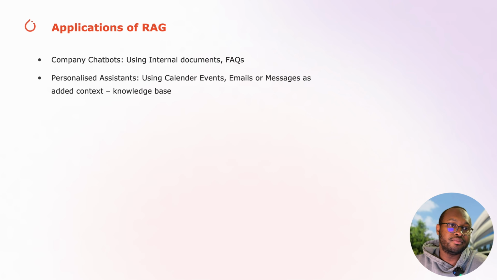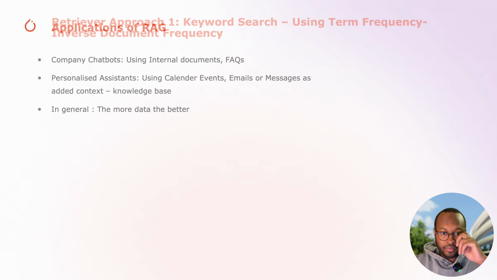So, for example, an assistant might have access to your calendar events, emails, and messages. When you ask a specific question, that assistant can retrieve relevant information from your calendar to provide you better answers. So, in general, the more data we give to an LLM, the better.